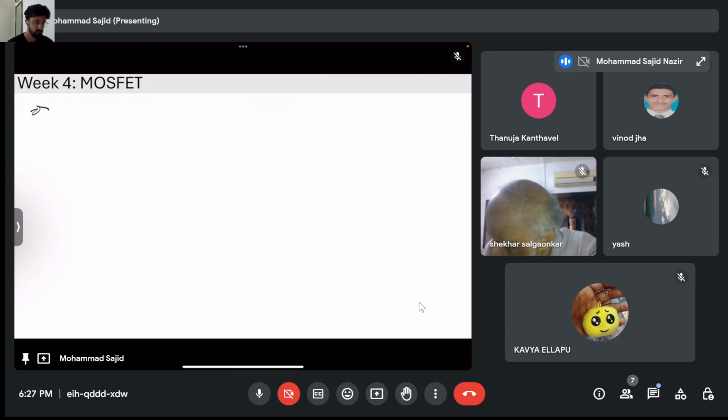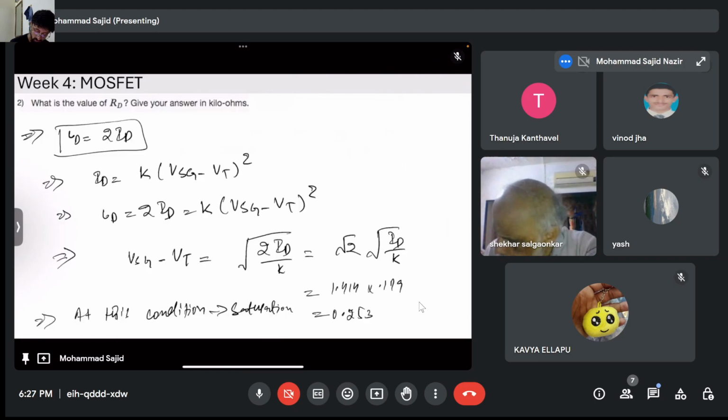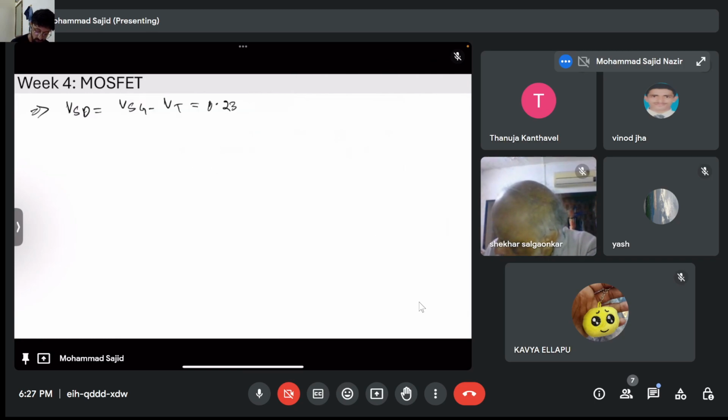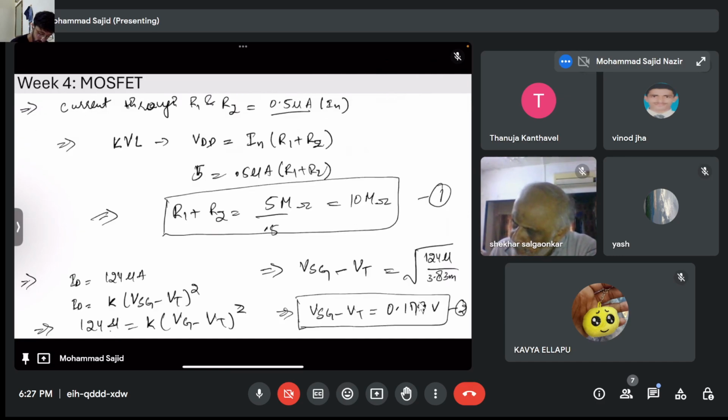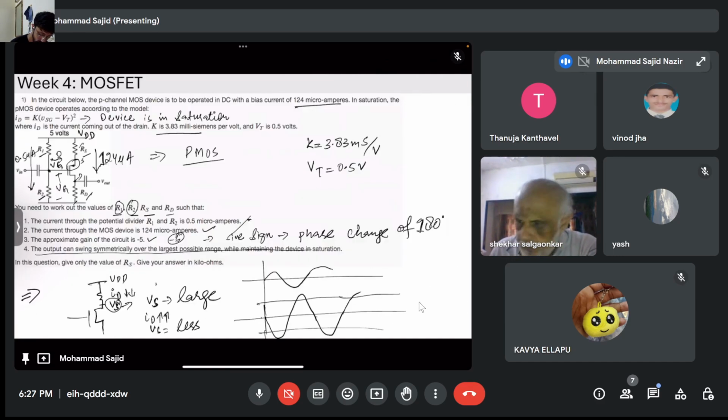I can write my VSD, sorry, my VSD should be equal to VSG minus VT of 0.253 volt. And this will impose a condition on RS. You can see here in the circuit there is your RS resistance.